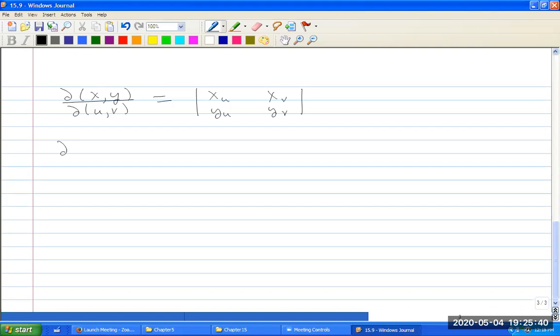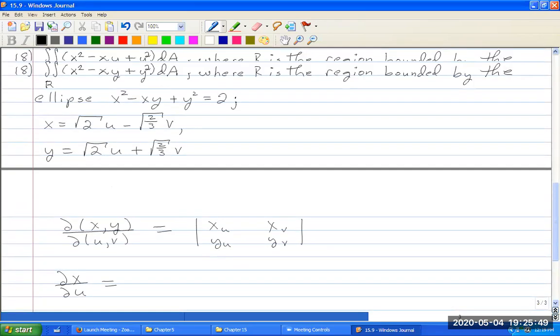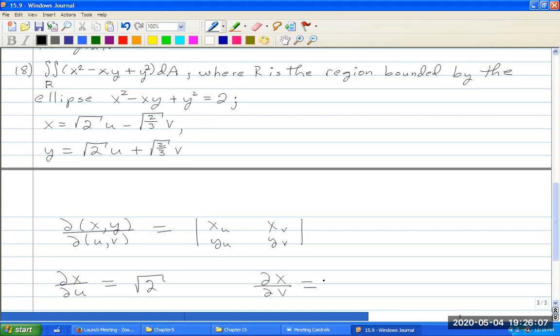So the partial of x with respect to u. Well, the partial of this is just rad 2. So the partial of x here with respect to u is just rad 2. Let's take the partial of x with respect to v. Well, it's just going to be minus rad 2/3.